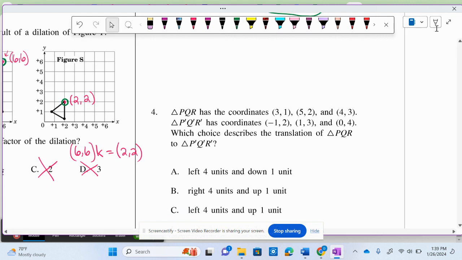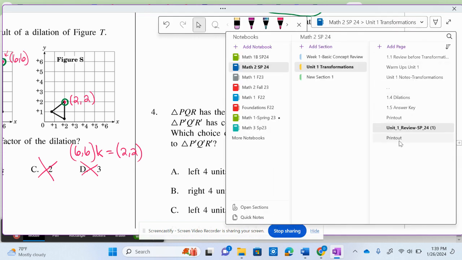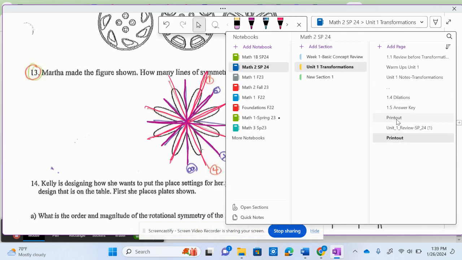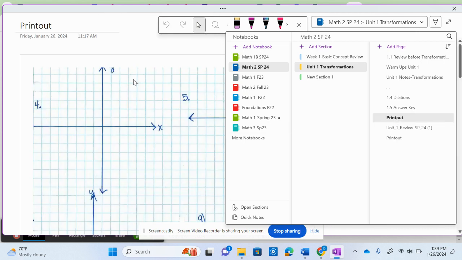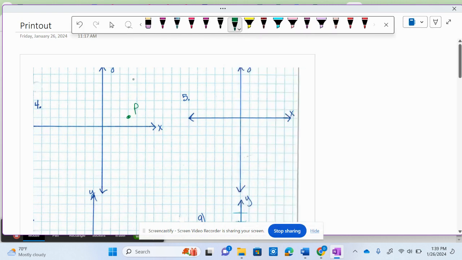So I'm going to just go to my graph paper on here. Whoops, right here. So let's graph number 4. So point P has the ordered pair 3, 1. This is P. And then it has the ordered pair 5, 2.